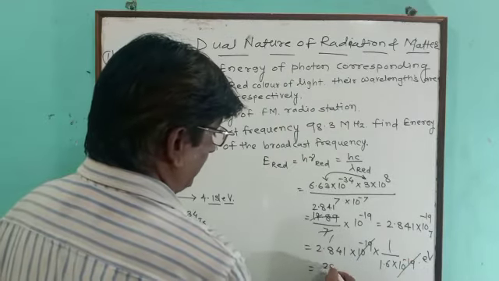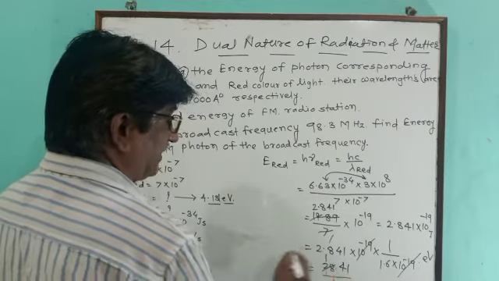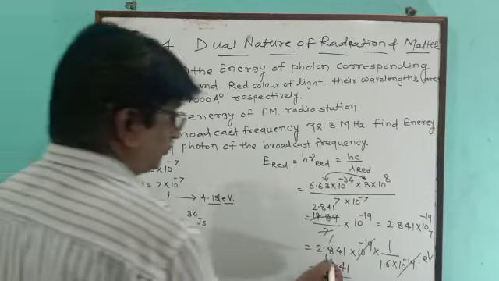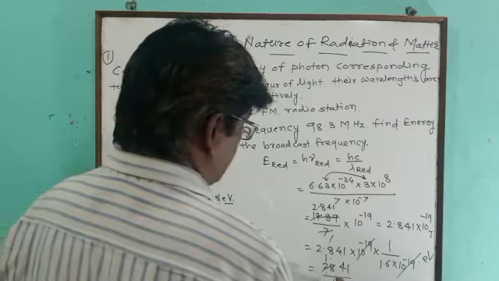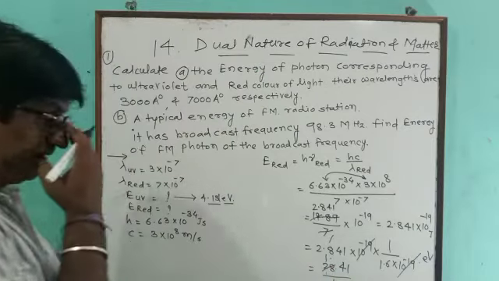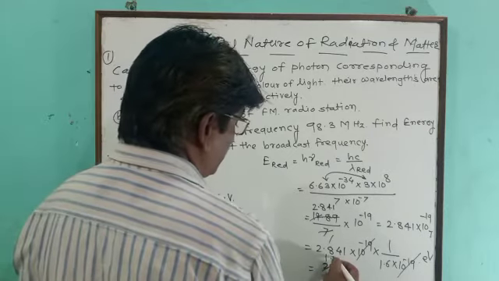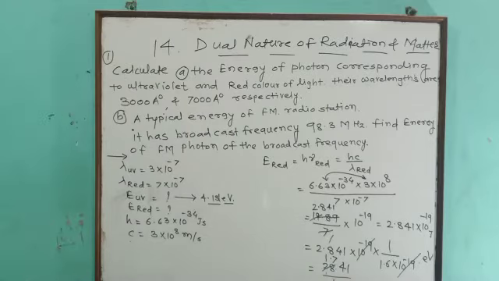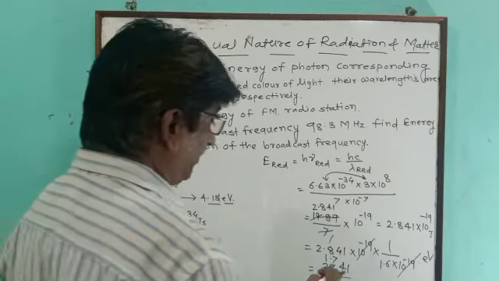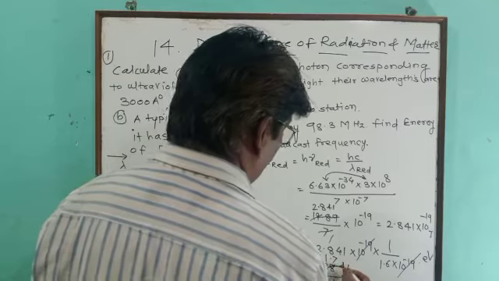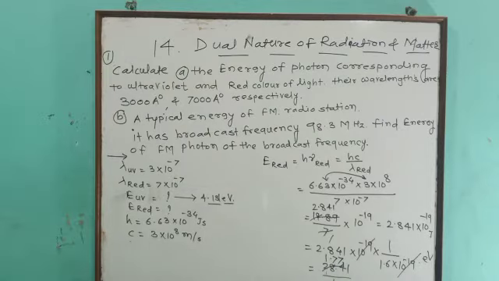So we can write 28.41 upon 16. 16 ones are 16, 12 will be remaining, so that is 124. 16 sevens are 112, so 12 is remaining, that is 121. 16 sevens are 112.